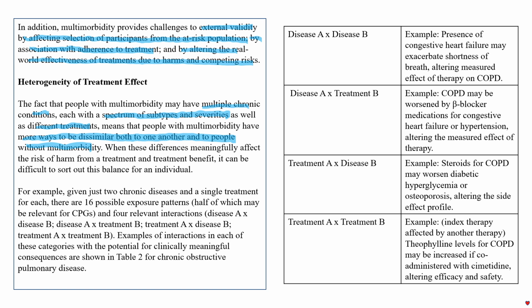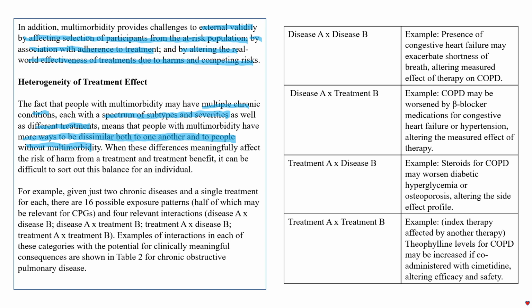So between disease A and disease B, the example provided is the presence of congestive heart failure may exacerbate shortness of breath, altering measured effect of therapy on COPD. Between disease A and treatment B, the example provided states that COPD may be worsened by a beta blocker medication for congestive heart failure or hypertension, altering the measured effect of therapy.